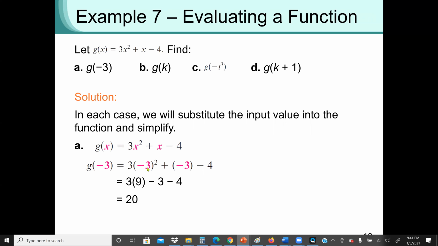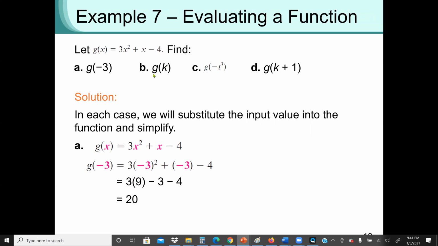We know (-3) squared gives us 9. 9 times 3 is 27. Then -3 and -4 give us -7. And 27 minus 7 gives us 20.